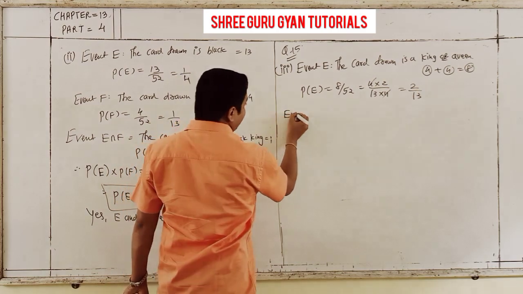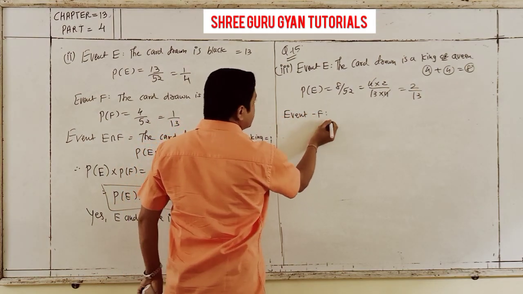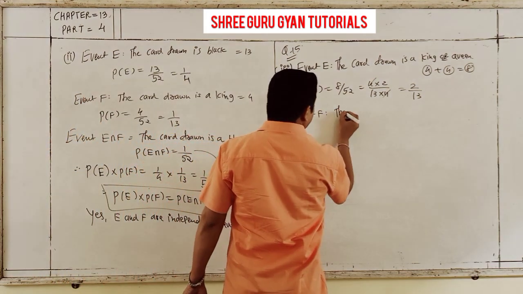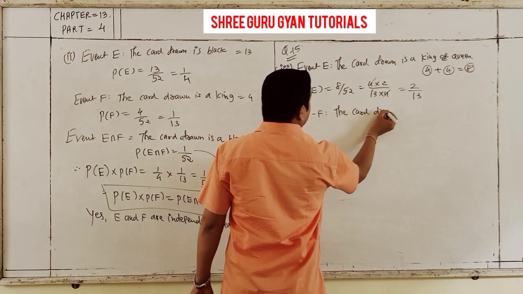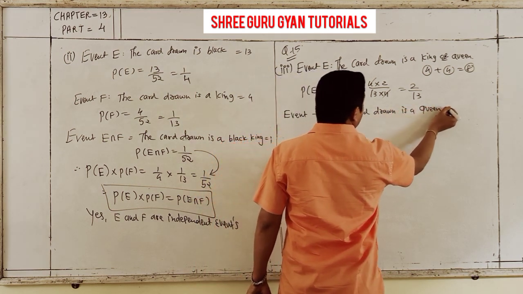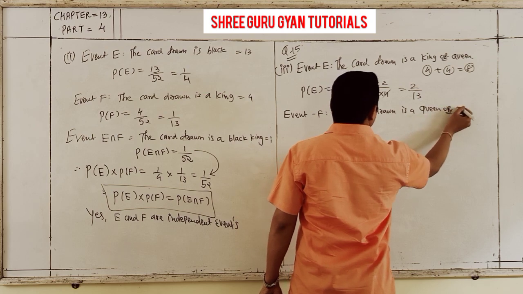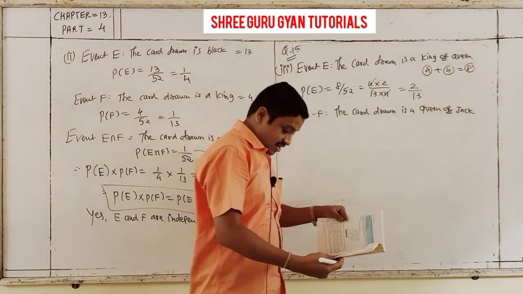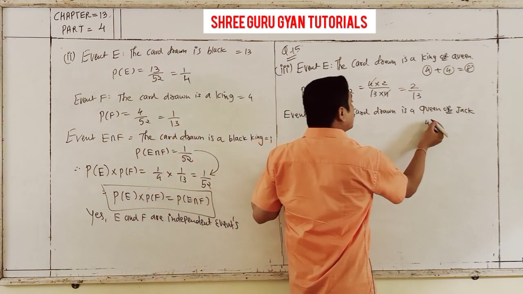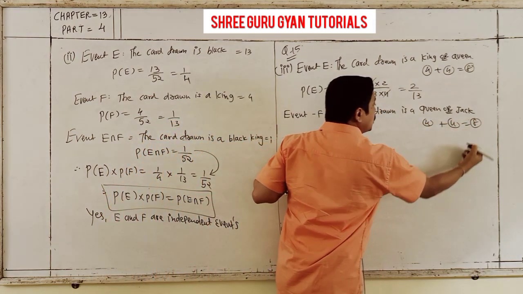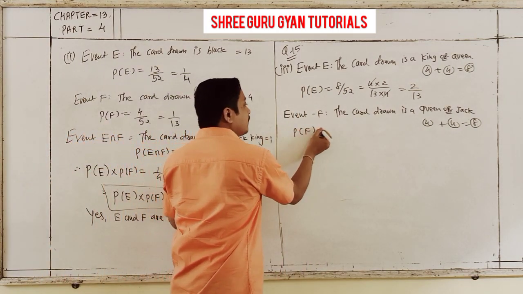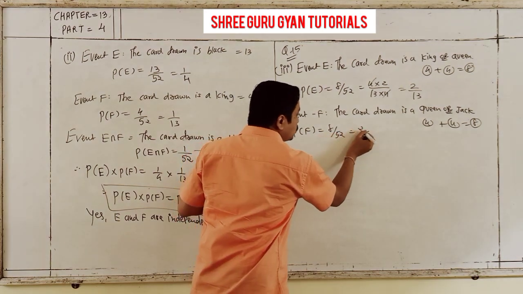Now event F. This event F is a queen or jack. The card drawn is a queen or jack. Yes, one more time check, queen or jack. So here also, students, queen are 4, jack also 4, total we have 8 cards. And probability of F, 8 by 52, 2 by 13.